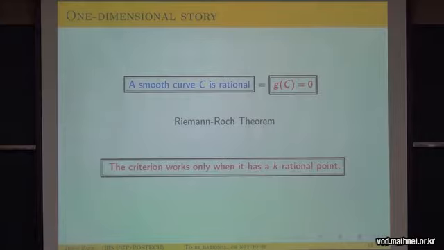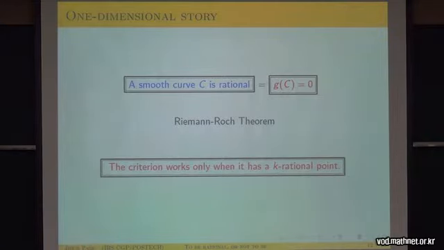It's not rational. You don't have any birational map to P1 over Q. So it's not rational. So you need at least one point. In the one-dimensional world, you just check the genus. Then it's done, right?